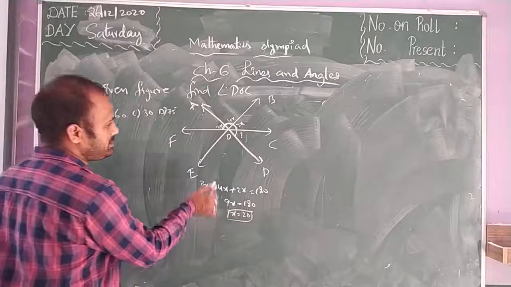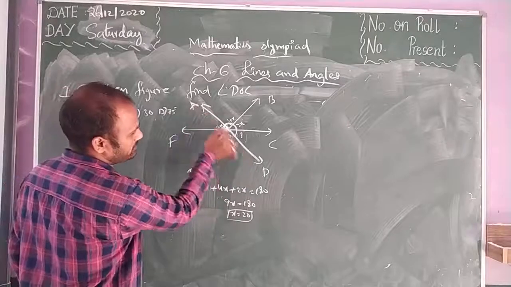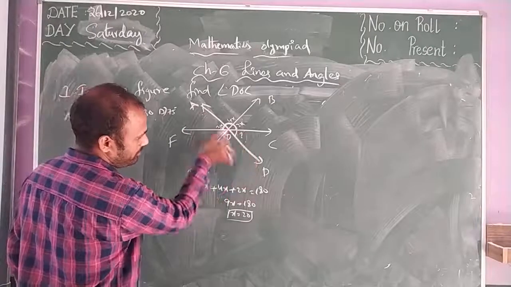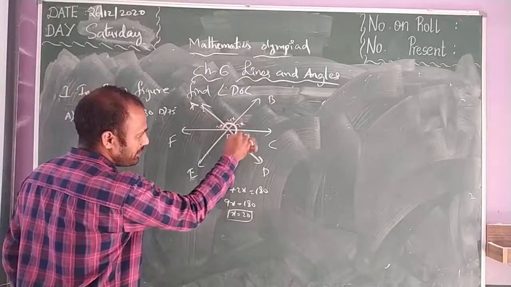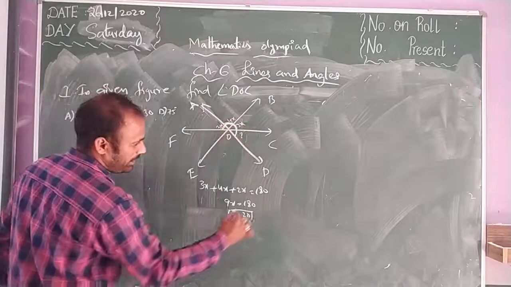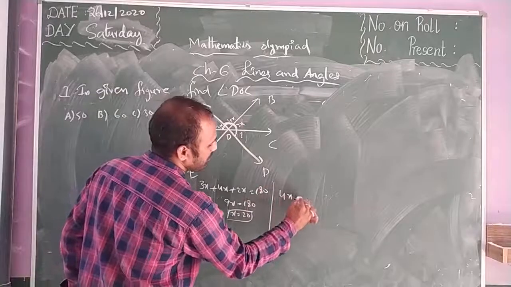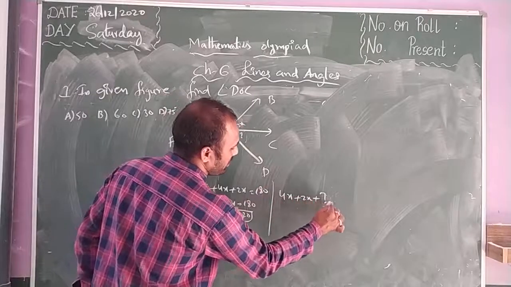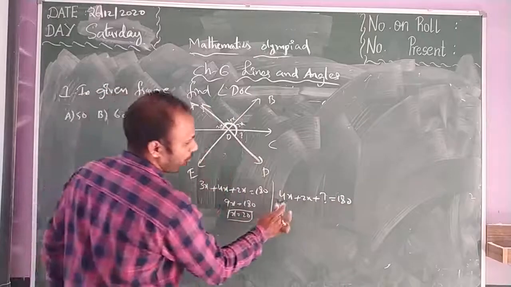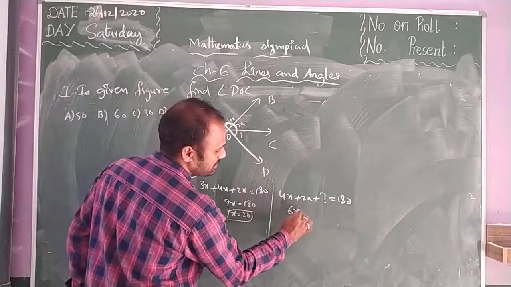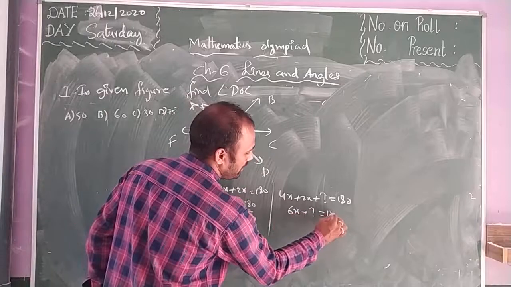Now if x is 20, look at this line AD. This is also forming a linear pair, from here to here. So I can write 4x plus 2x plus question mark is equal to 180 degrees. This question mark we want now. 4x plus 2x is 6x. 6x plus question mark is equal to 180 degrees.